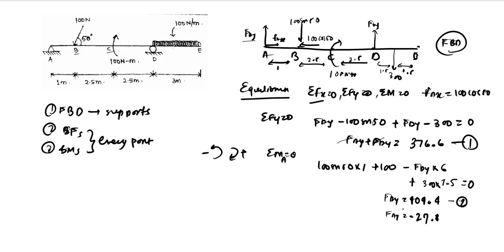So this is your reaction values. As you can see, the reaction at A is minus 27, which means that the reaction is not in the upward direction, but in the downward direction. So you can just change the direction of the reaction. It is downward, so this will be FAY in the downward direction. I will just adjust this.